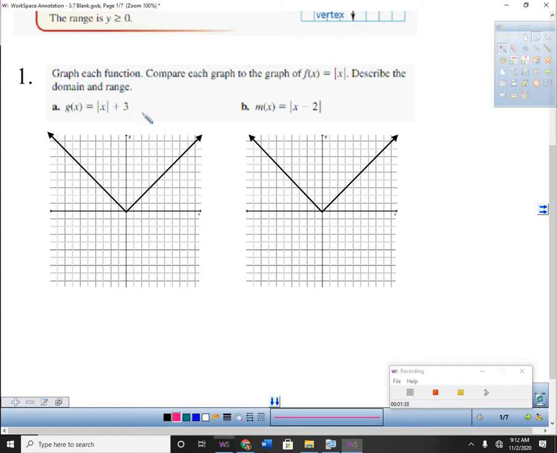This is going to go back to that previous lesson. What happens when I add 3 to the outside of the grouping symbols? What happens to my equation? Think back to the last lesson.